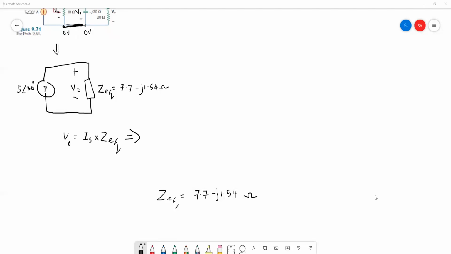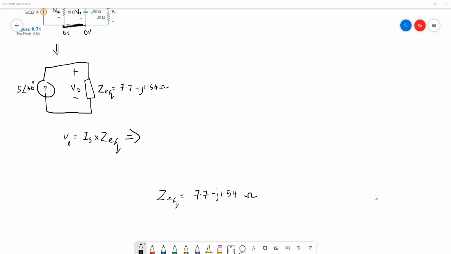So you will have your V out in rectangular form, 37.19 plus 12.58, and usually voltage and current are better written in polar form.